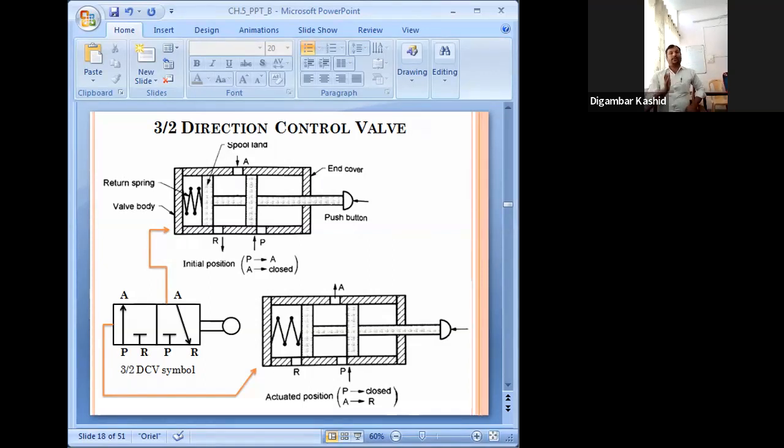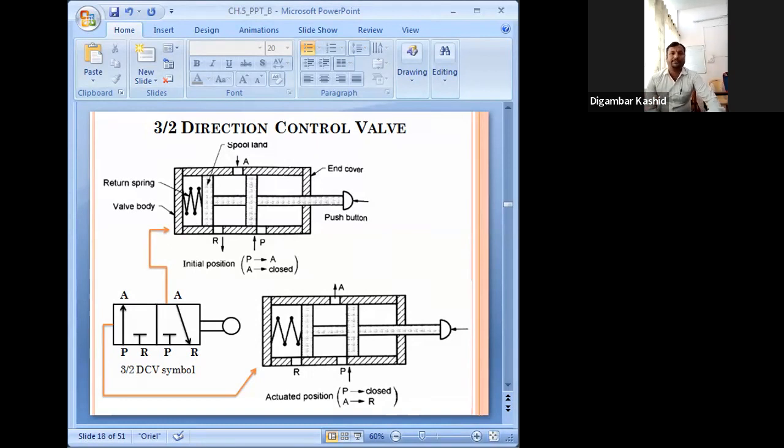But when you push that push button, that time this spool will move further in the right direction and P will connect to A. That time there is no flow from R. That means this is the second position. Getting it? So there are both positions: one is the initial position and this is the actuated position, the second position I have shown.